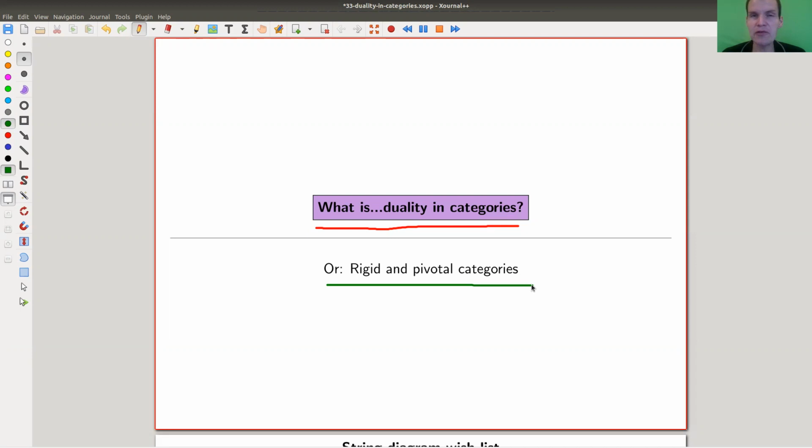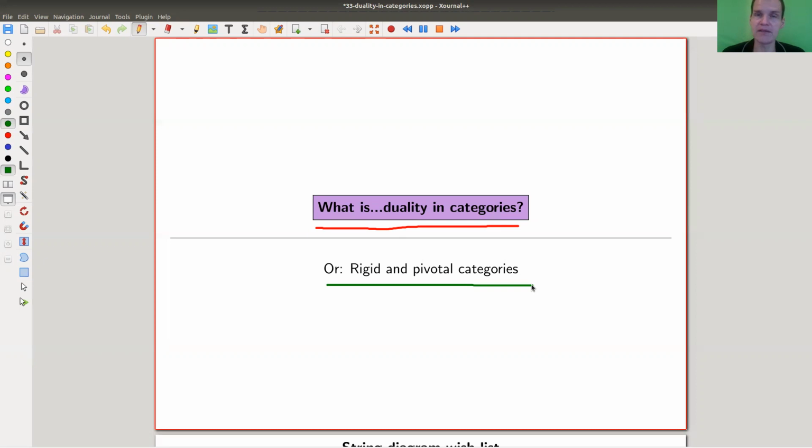You draw two-dimensional diagrams on the plane, on your piece of paper, but you're not allowed to do all the operations that you would like to do on a piece of paper. And that's really not very satisfying. That's very disappointing, right? You just try to do this isotopy now, that's how it looks, but I'm not allowed to because my calculus is not rich enough.